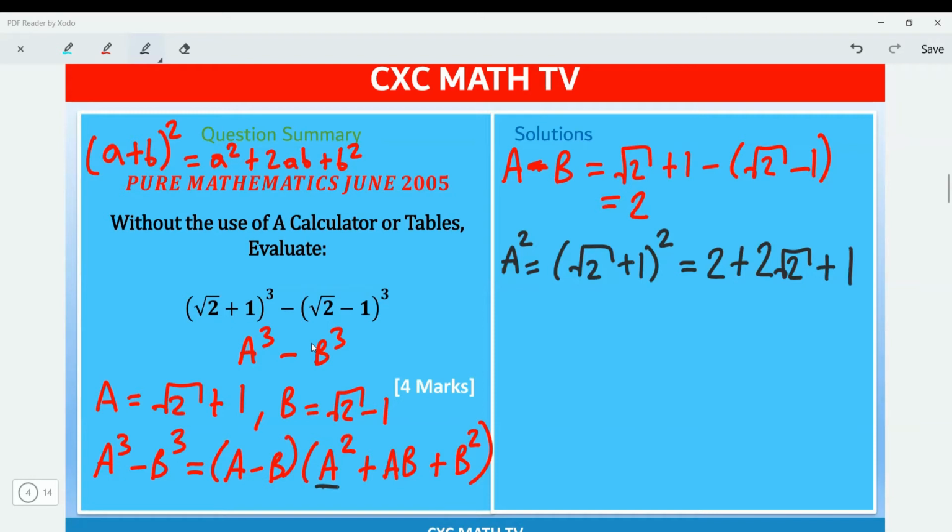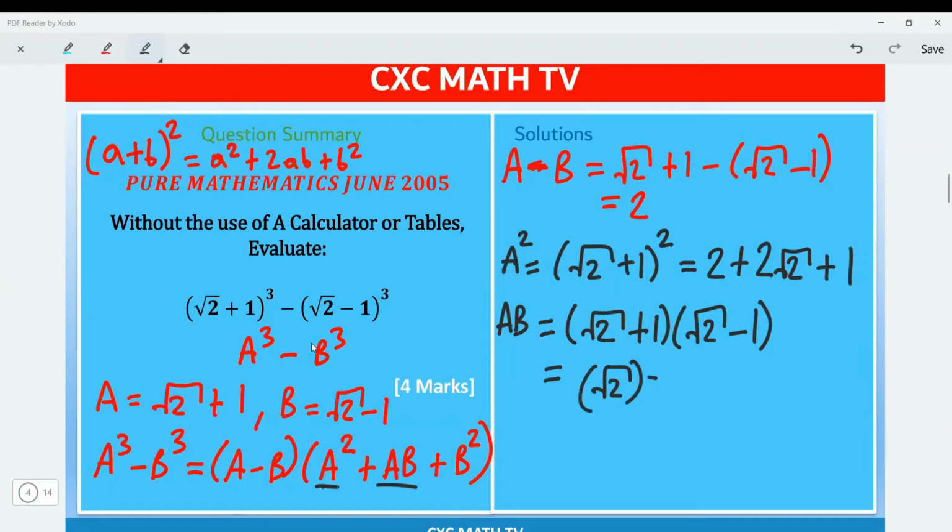Cool. Now the next thing we need is a times b. That's going to be (√2 + 1) multiplied by (√2 − 1). That's going to be the difference of two squares. So we're going to get (√2)² minus 1 square, which works out to be 2 minus 1, which is just 1.